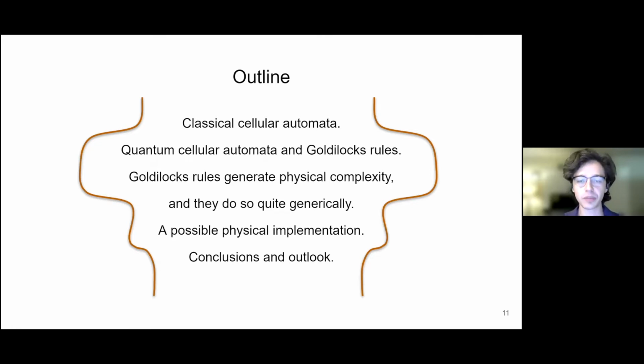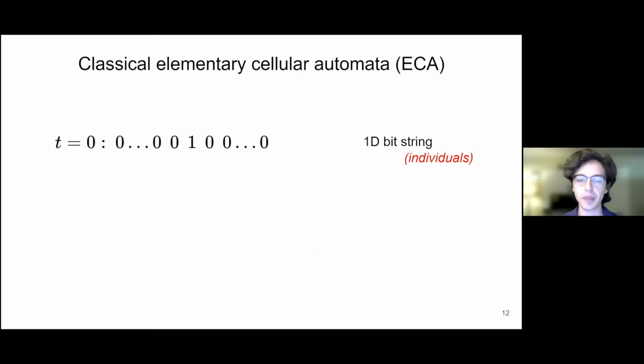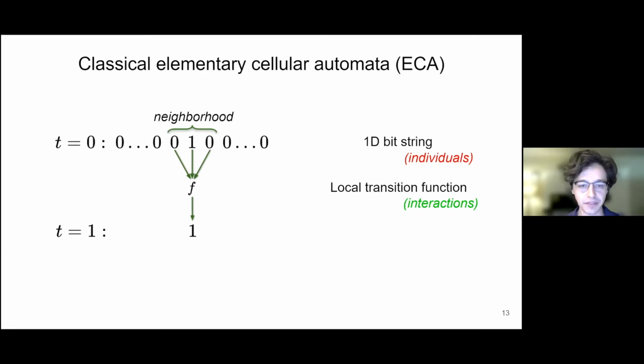So let's get started by looking at some classical cellular automata. The most simple version are called the elementary cellular automata, or ECA. They are made up of a string of bits, or a bit string, in one dimension. The individuals are those bits, which can either be zeros or ones. Interactions of these bits are encoded into a local transition function.